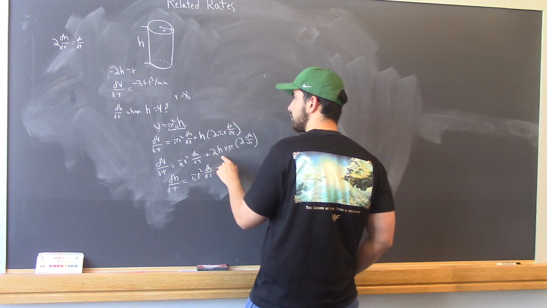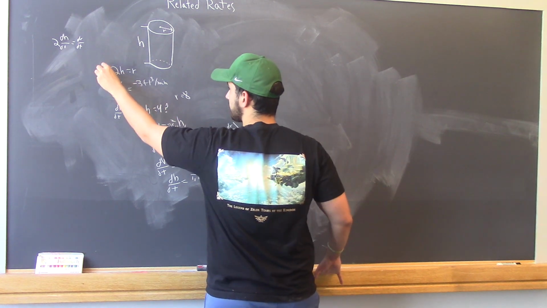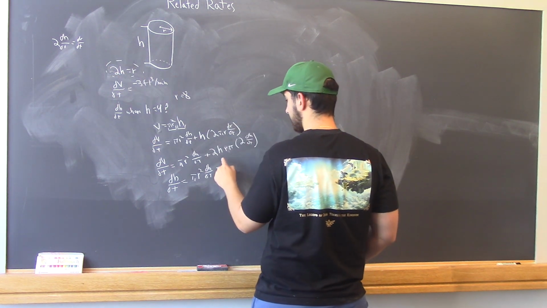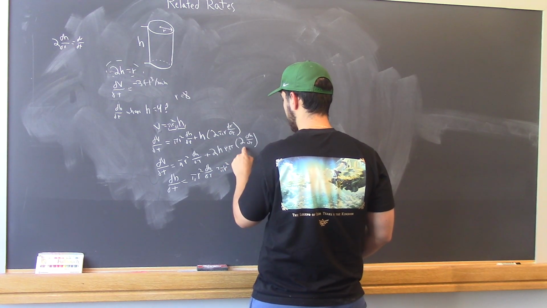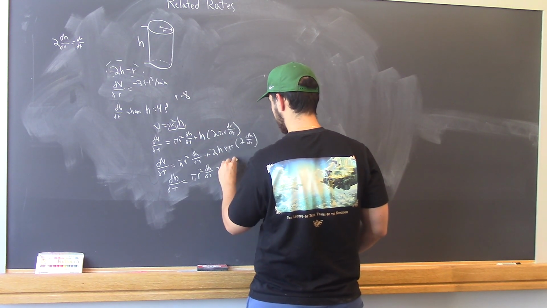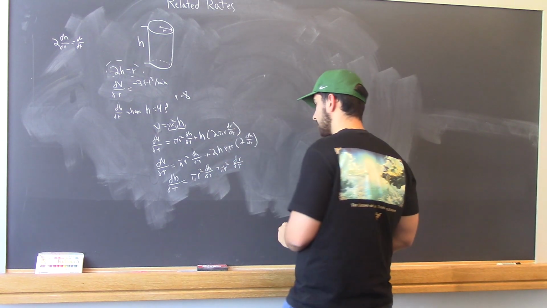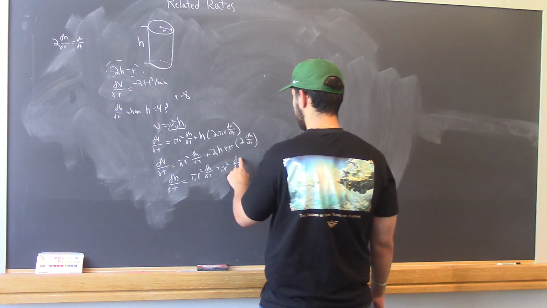Well, 2h is just r, right? That's what we said. That's not a negative sign, to be clear. Let me just do that. So this is just r squared times pi, and 2h dt is just dr dt. Or, sorry, dh dt.